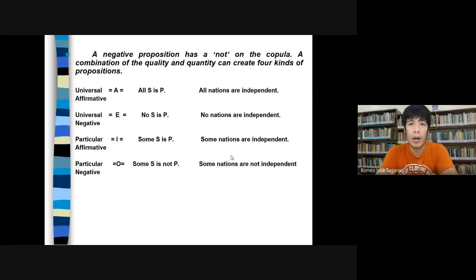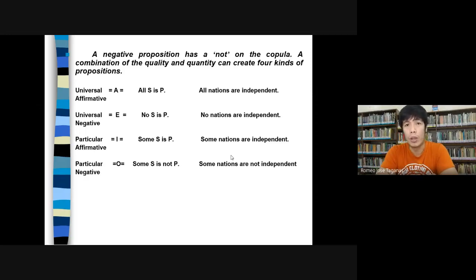A combination of the quality and the quantity can create four kinds of propositions. We have four: A, E, I, and O. An A proposition is universal and affirmative. So the quantity of an A proposition is universal and the quality of an A proposition is affirmative.